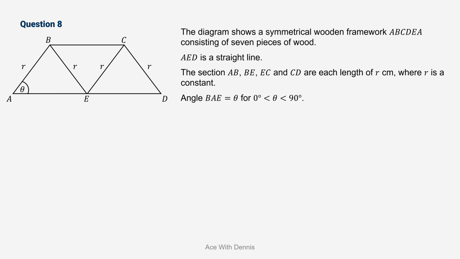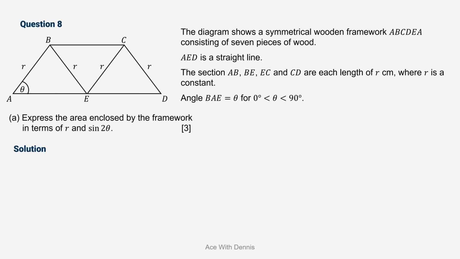Angle BAE equals theta, for a range from 0 degrees to 90 degrees. A. Express the area enclosed by the framework in terms of r and sine 2 theta. 3 marks. So here's the solution.